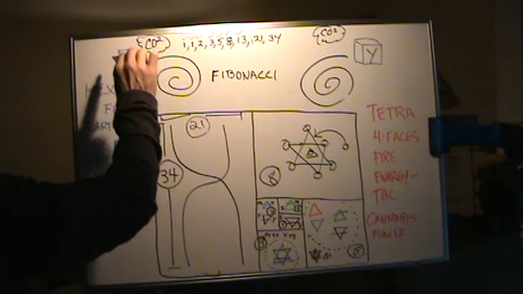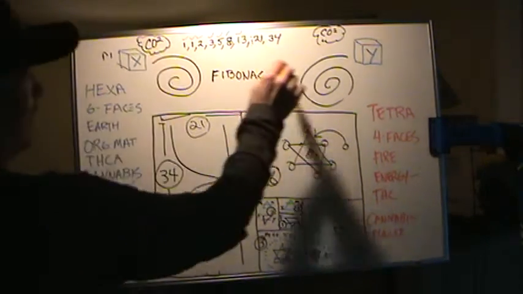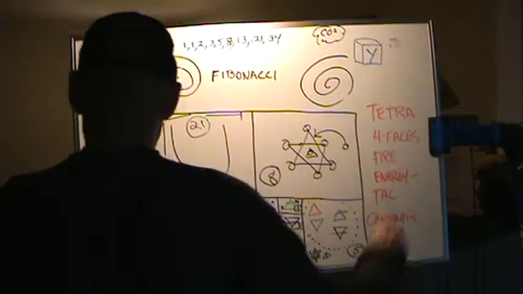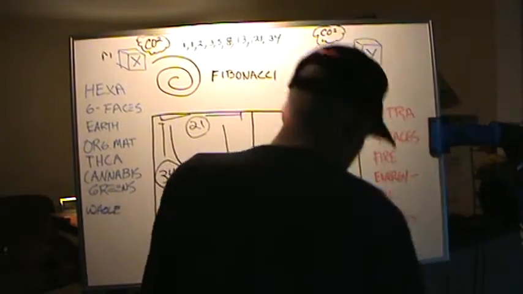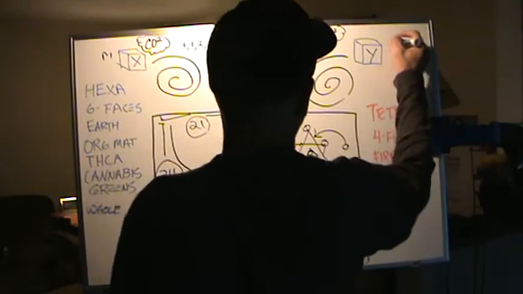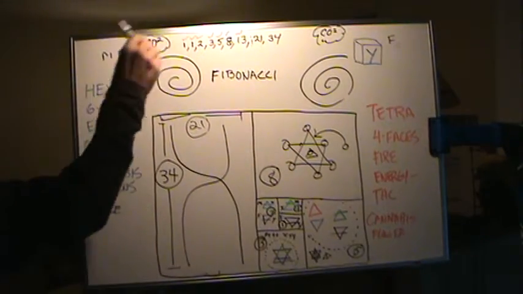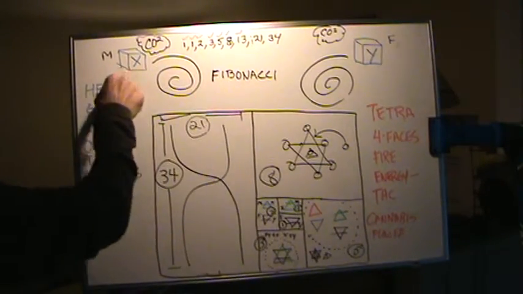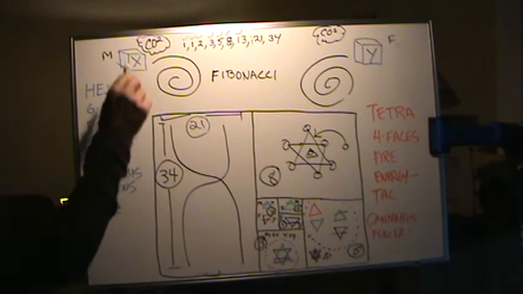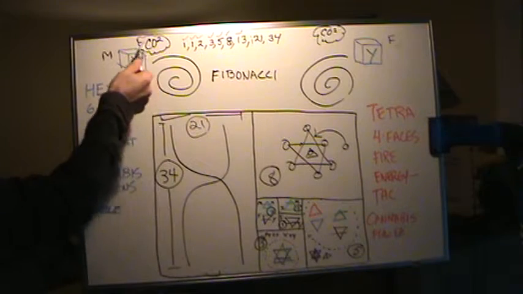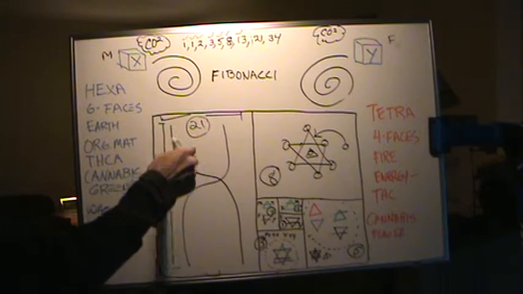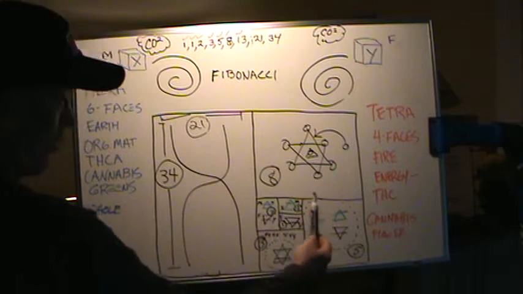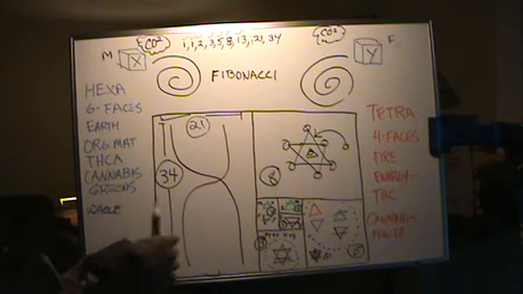and actually it is male, female, so the male and the female cube or square exhale, or the hexahedron exhales, or the THCA exhales or decarboxylates, exhales CO2, and from that then we pick up 2 tetrahedrons, or the panels for earth, fire, water, we pick up 2 fires.